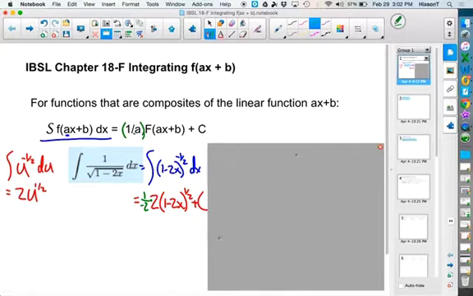That's what the rule says to do. So notice here we found the antiderivative in terms of the original function. That's what we did here in red. But then we need to multiply that by 1 over the derivative of the inner function.